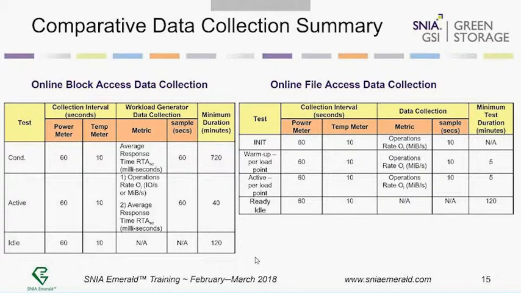Well, so the data reduction tools in the block environment pretty much rely on that collection interval because there's some alignment that's done between the I/O rate and the megabytes per second VD bench output and the output from the power meter. So there's some dependencies on that data reduction tool that the interval be as is stated in the table here.